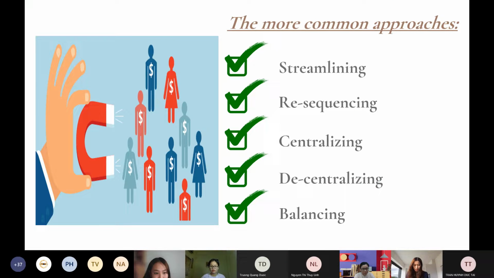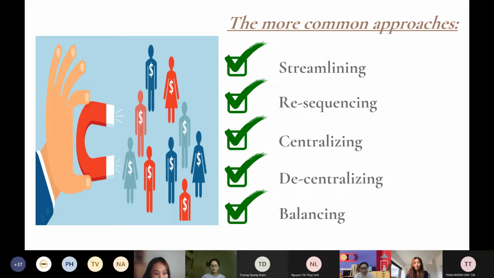And we will move to the more common approaches. First of all is streamlining, the reduction of the number of steps required to complete a task. Next is resequencing, the reordering of tasks to improve flow or reduce waste.